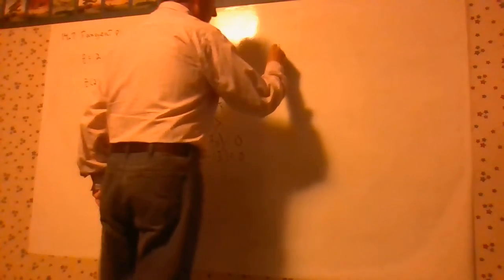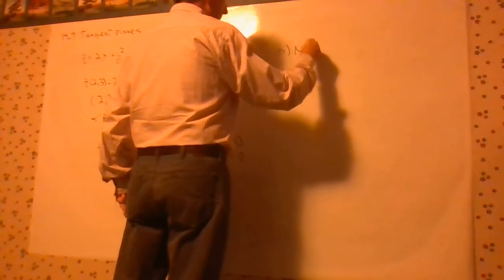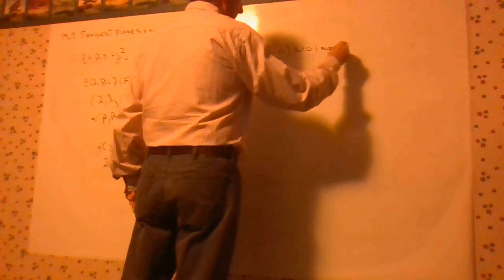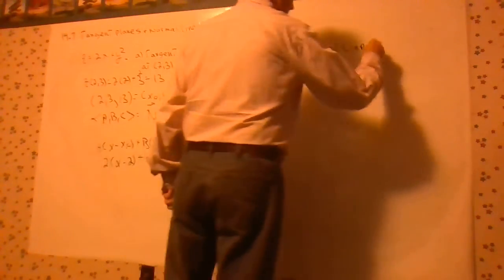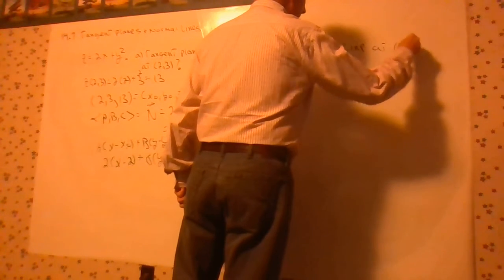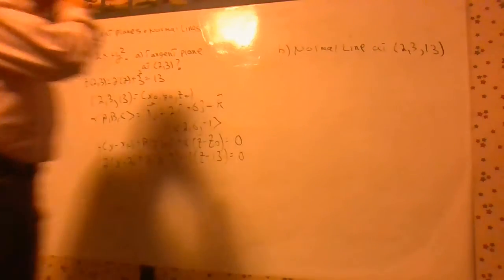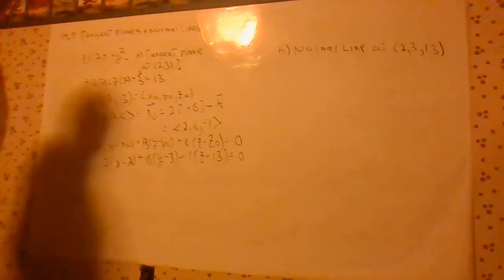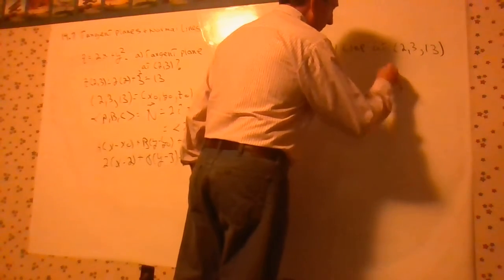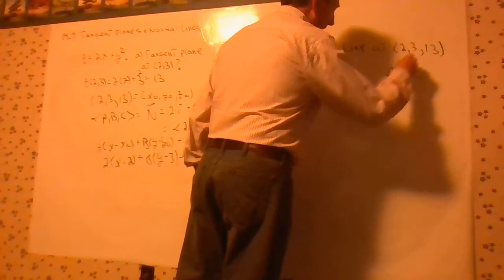Now B, normal line at 2, 3, and we know the z-coordinate is 13. So once again, we need a vector. I can draw you a little picture. We have this surface here, and we want a normal line.